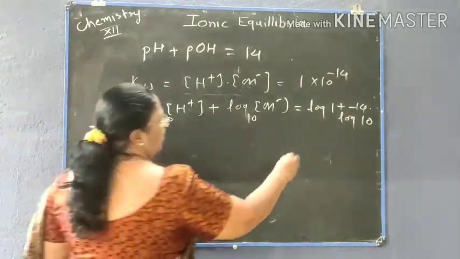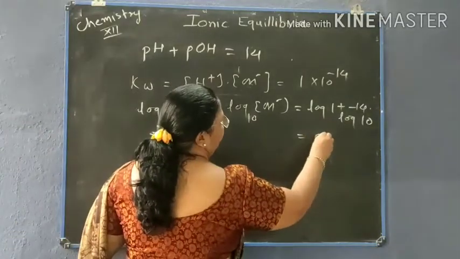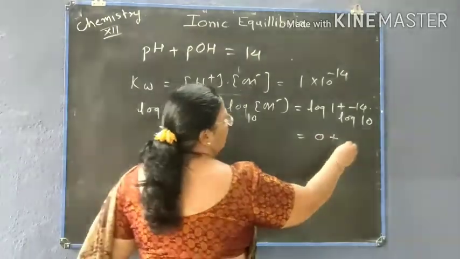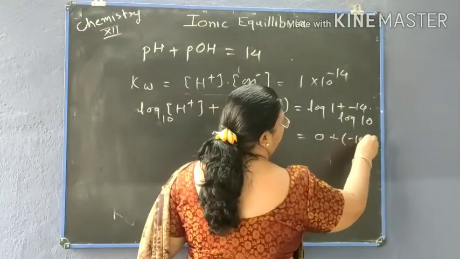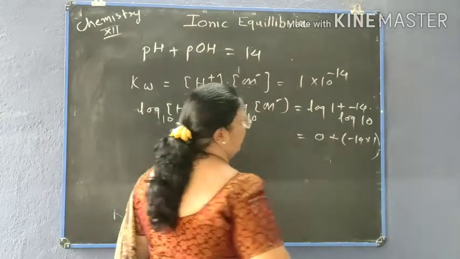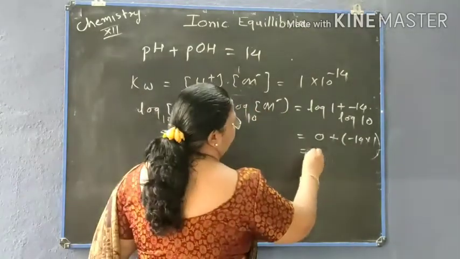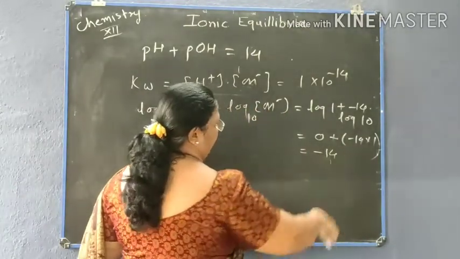Log of 1 is 0, plus minus 14 into log of 10, which is 1. So it is minus 14.